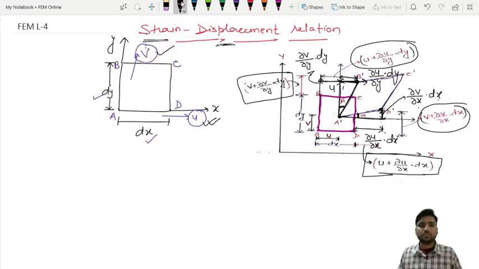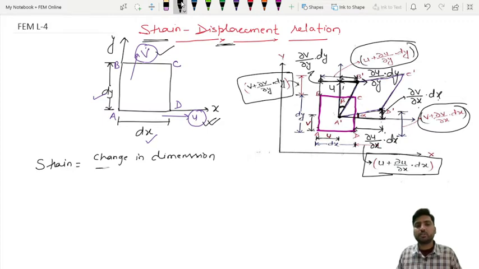Before going to the derivation, let's have the formula of strain. What is strain? Strain is change in dimension upon original dimension.